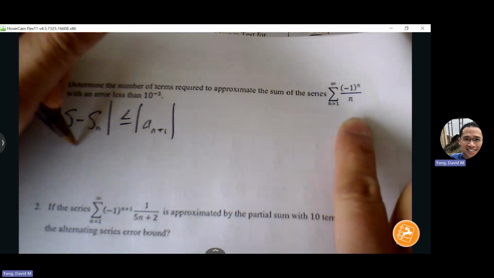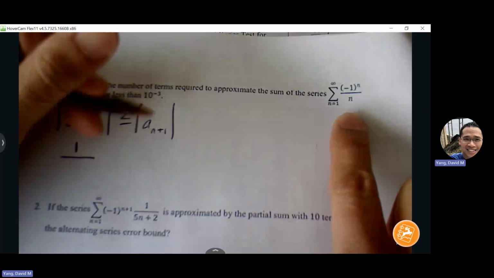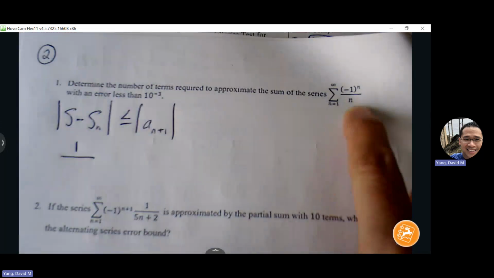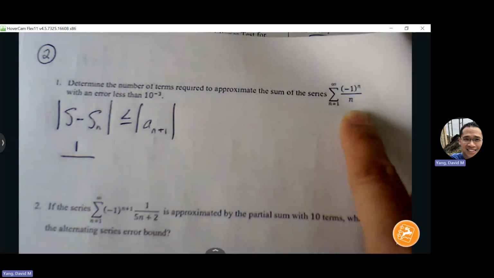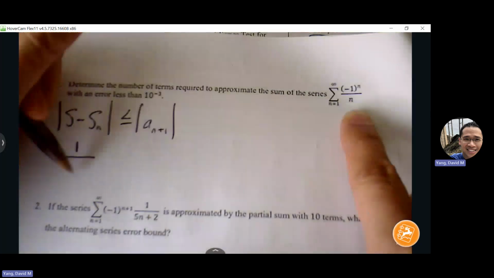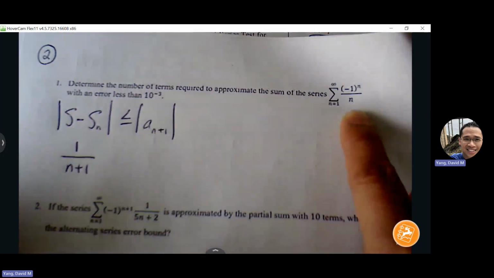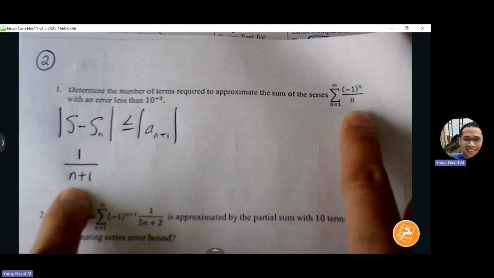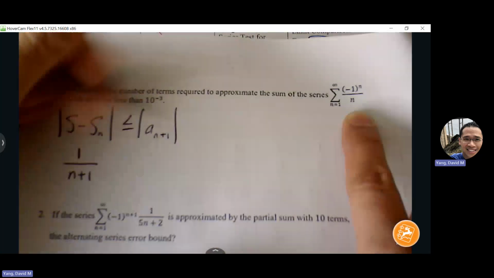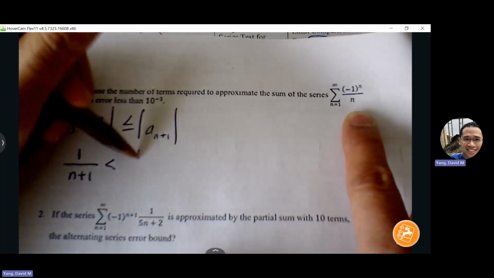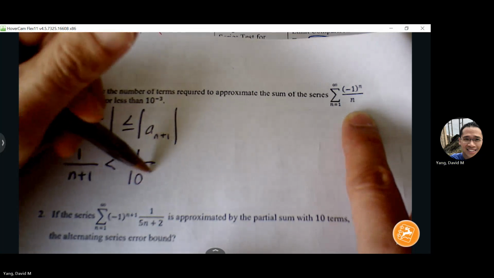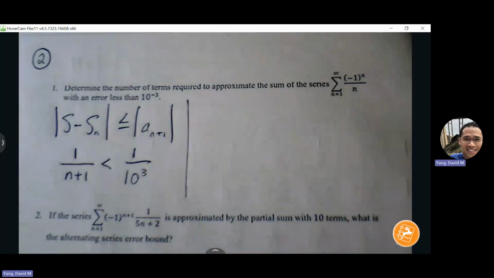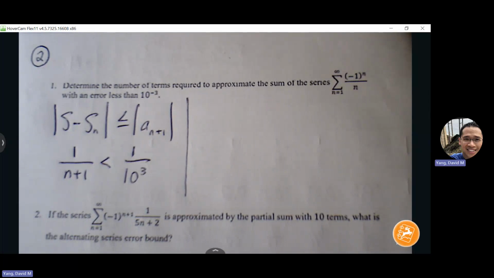We can ask ourselves, what will make the first unused term, if I remove the alternator, it's just basically 1/(n+1)? Because 1/n is the current term, and n plus 1 is the first unused term. When is the first unused term in my series going to be less than 1/10 to the third, or 1/1000?